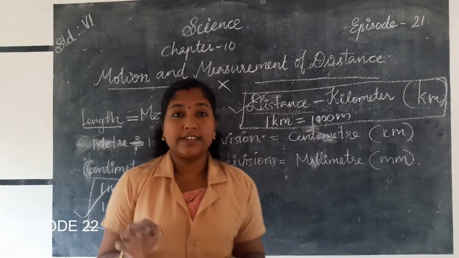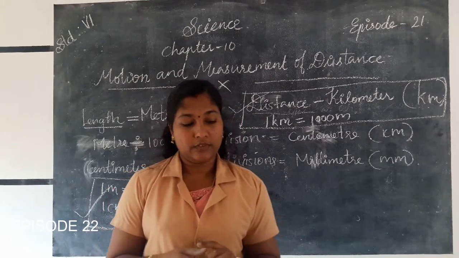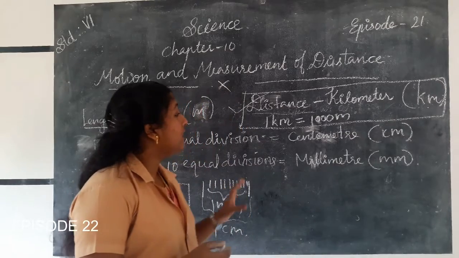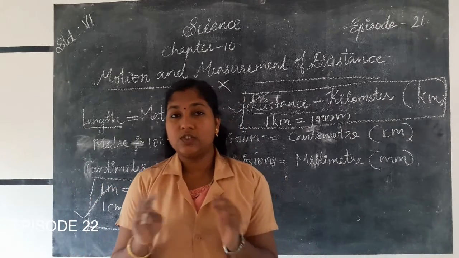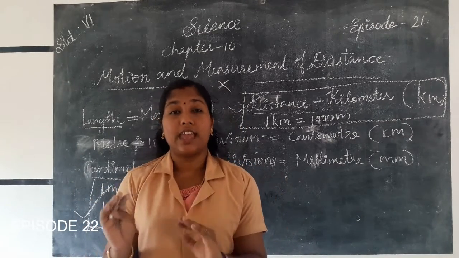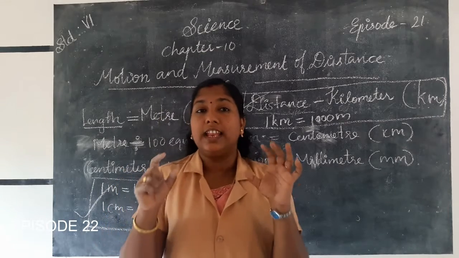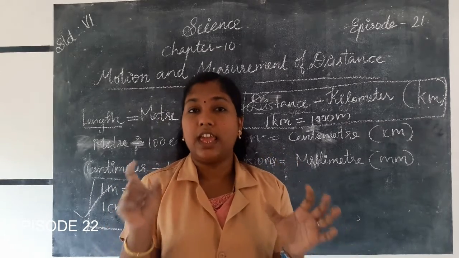First of all, we place the scale in contact with the object along its length as shown. We should not keep the scale in an irregular way. We should keep the scale in the correct way for taking measurement.